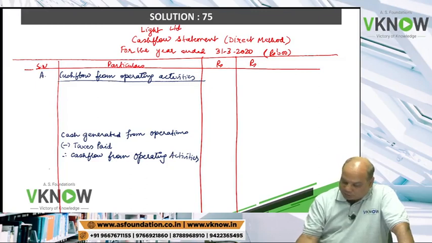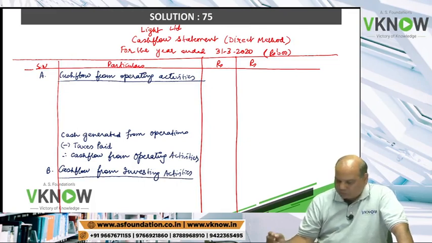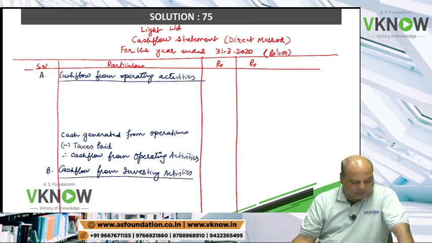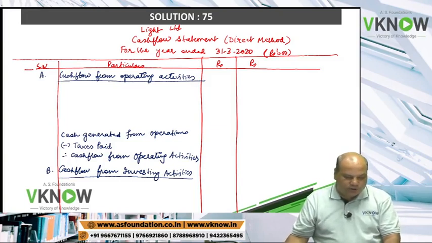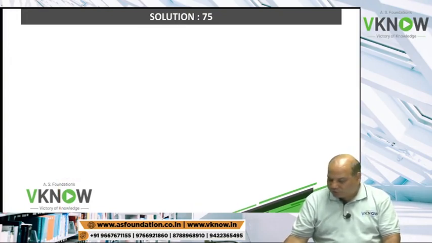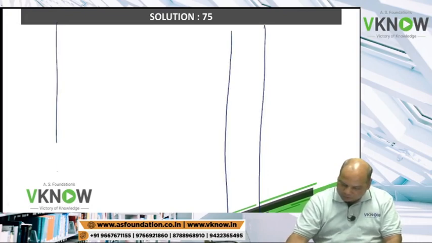Below that, write point number B, cash flow from investing activities. Keep around 6 lines blank.